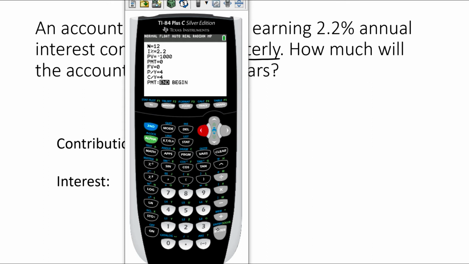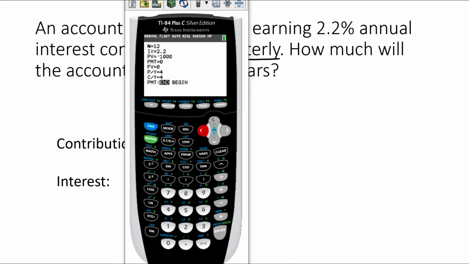So if you see that phrase, annuity due, you're going to move the payment from end to begin. In this case, we have no payment. Our payment is 0. So it actually doesn't matter. We could put our payment at end or begin. Since we're making no payments, it doesn't matter. But our default will be end. So I would always leave it at end unless it says annuity due or unless it says payments are made at the beginning of the period.